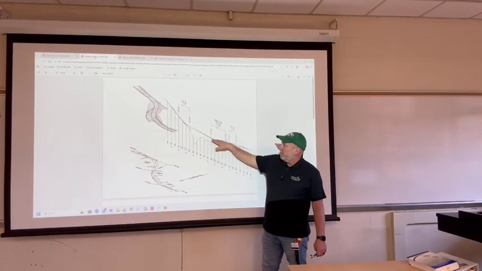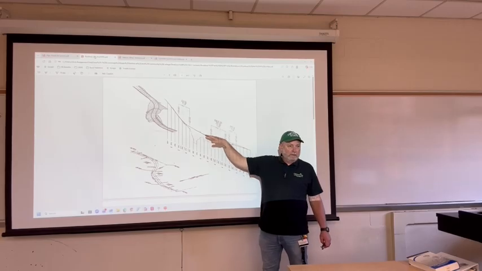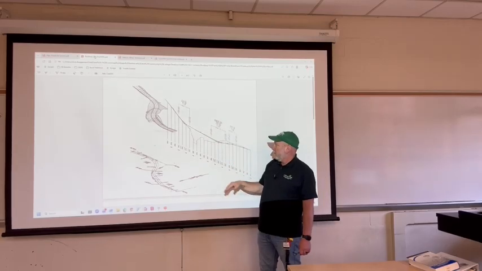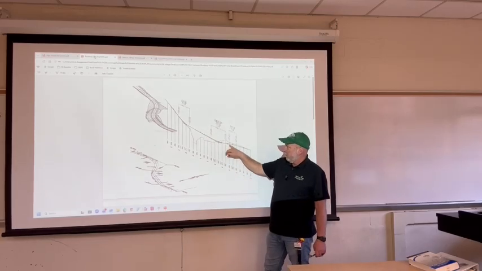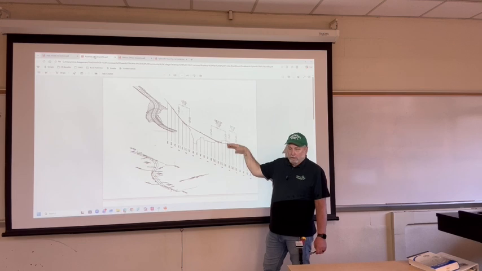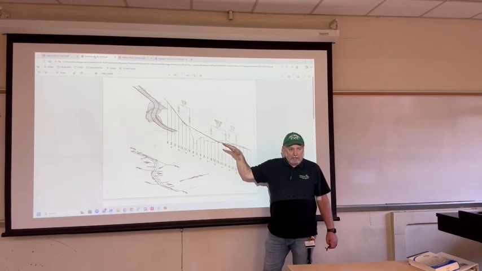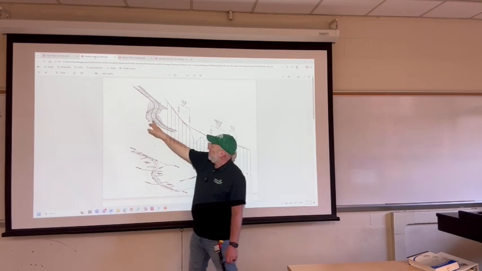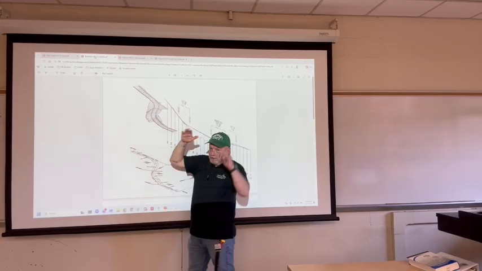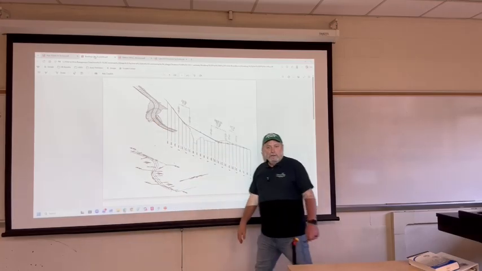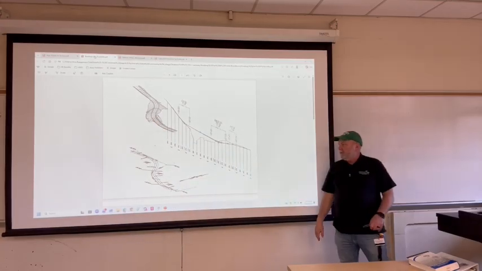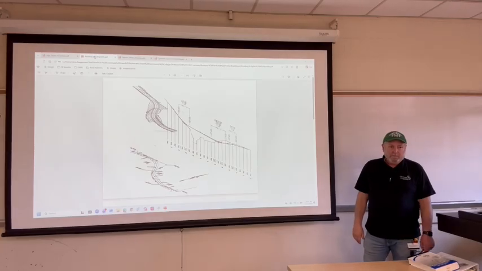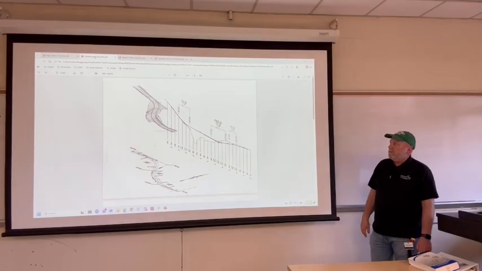So where the road is above it would be fill. We have to fill in a bunch of dirt. Where the proposed road is below the ground would be where they have to do some cut. So in this particular area, I would say it's probably this stuff right in here showing fill down to wherever it ties into the existing at some designated slope.